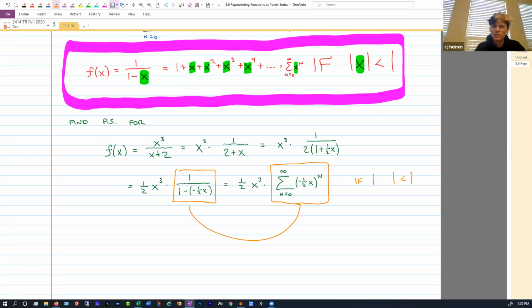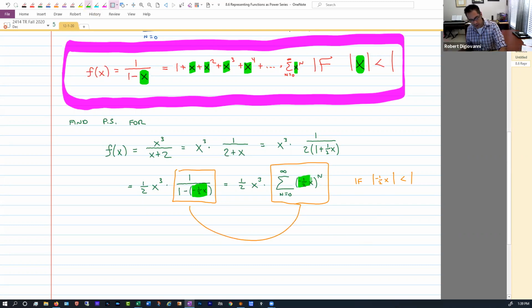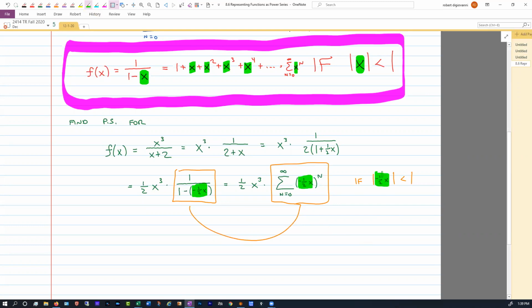Negative 1 over 2x. See, this green thing, the whole green thing, is like the x. Do y'all see that? If you don't like that formula up there, just go up to this formula, replace all the x's with u's.